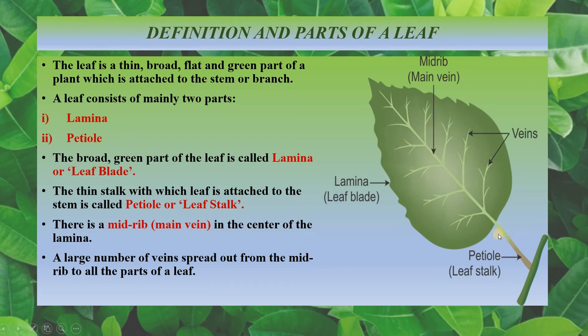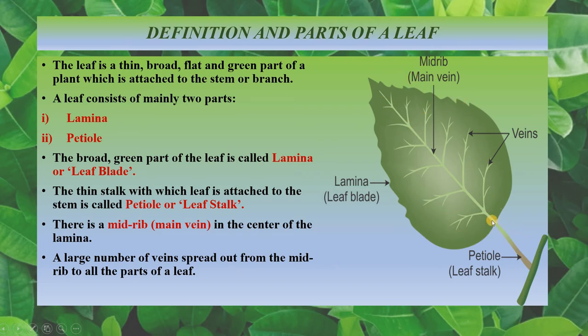And this one, the thin stalk with which the leaf is attached to the stem, is the petiole or the leaf stalk. Understood? Now, there is a mid-rib or mid-vein in the center of the lamina.